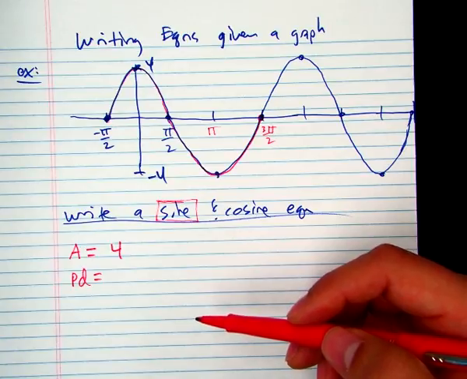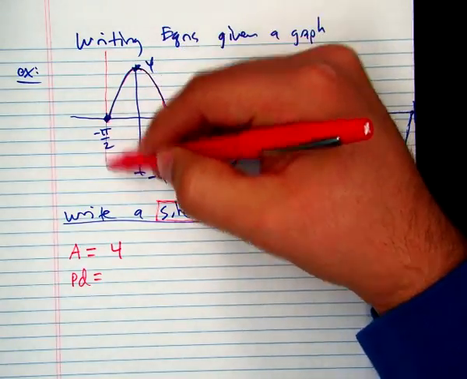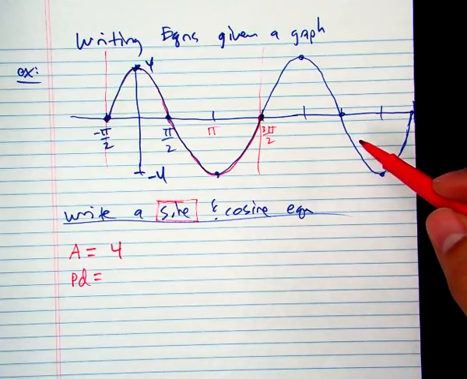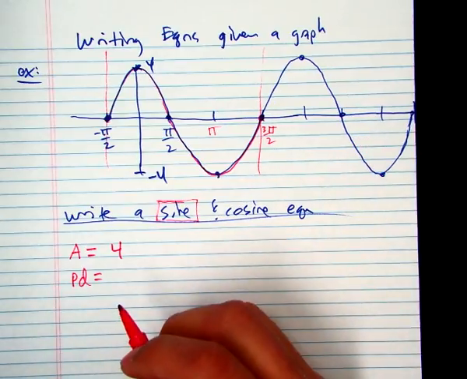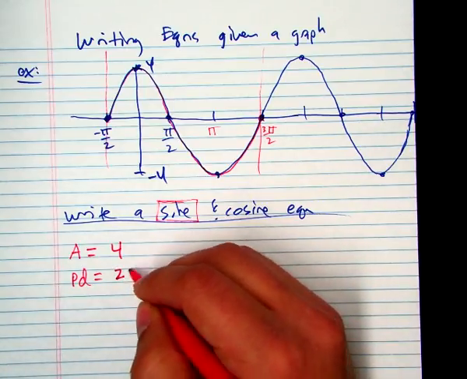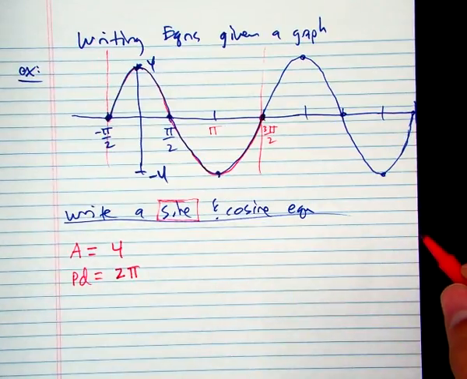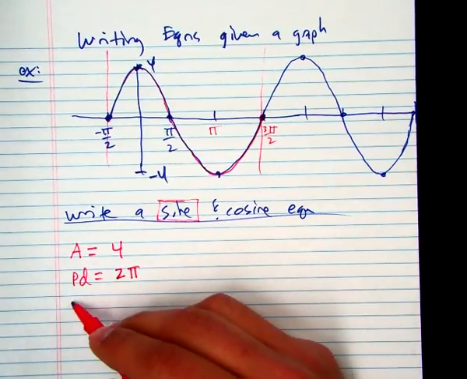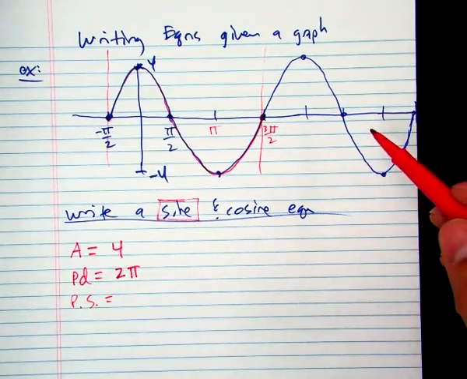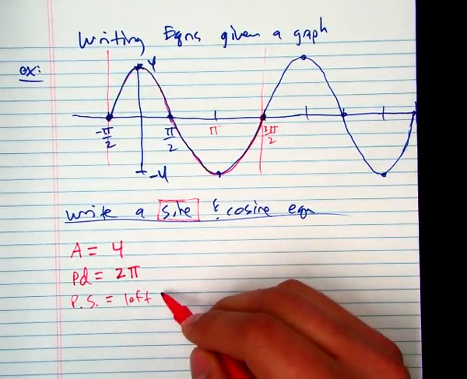What's this whole length here from start to end? 2 pi? Okay. Is there a phase shift? What is it? Left pi over 2.